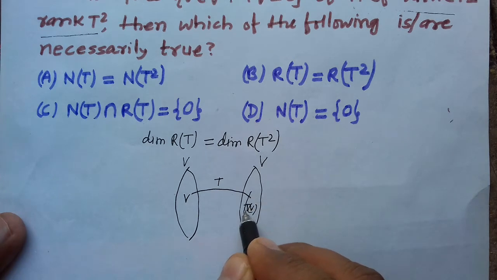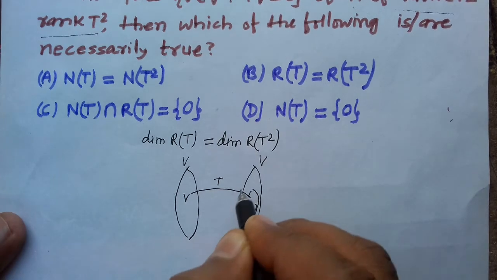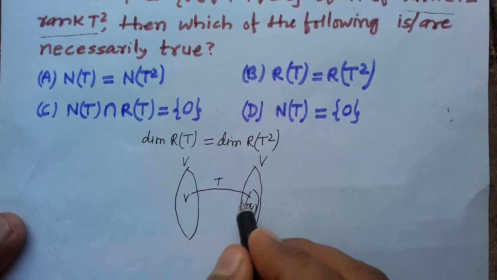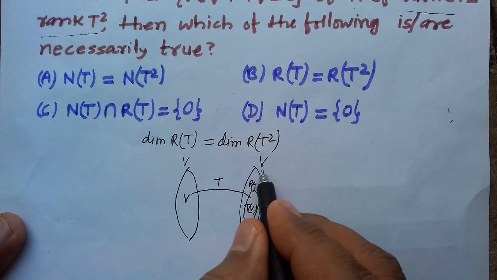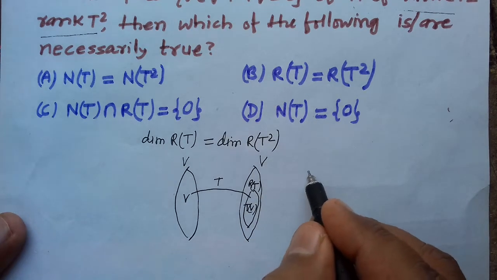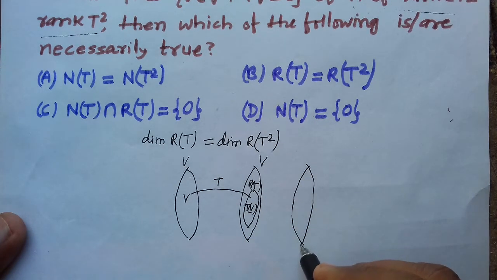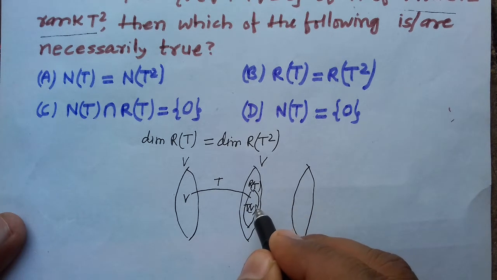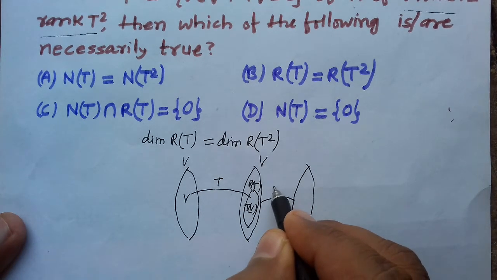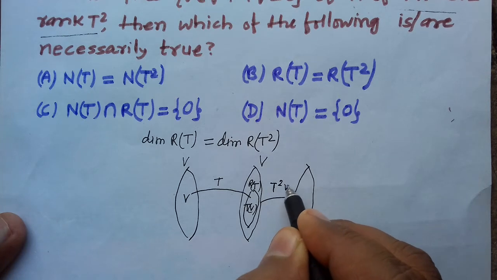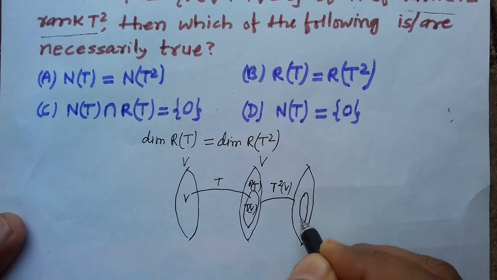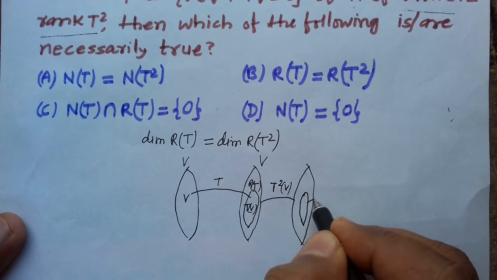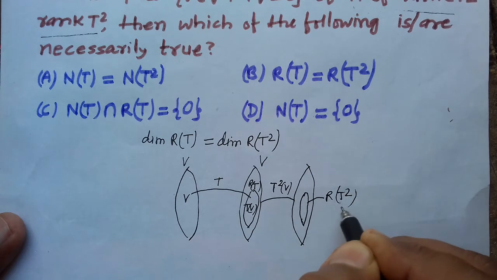Since the range space is a subspace of the codomain, RT, the range space of T, will be a subset of V. And again this time we do T squared V, and these elements will be a subset of RT squared accordingly.